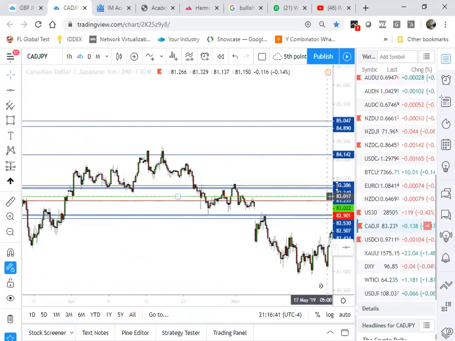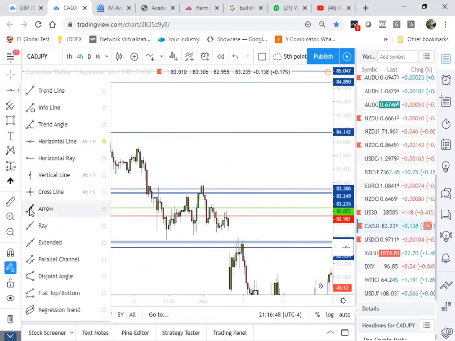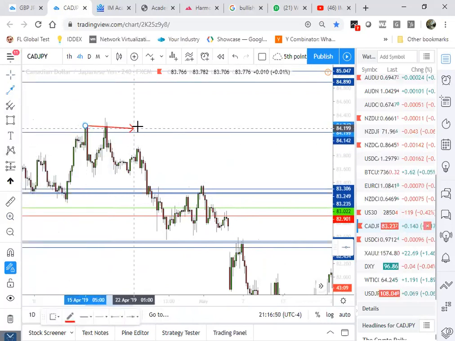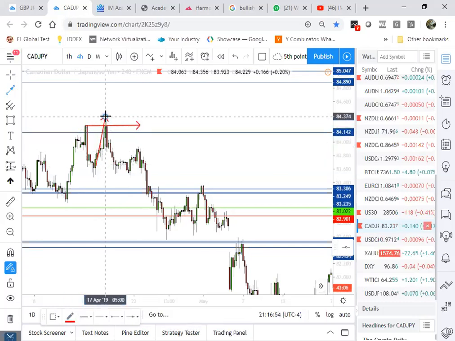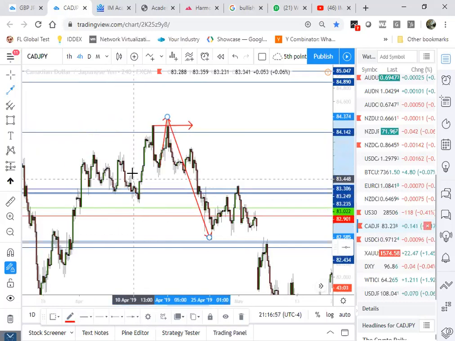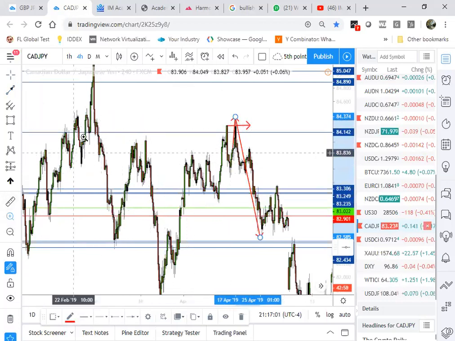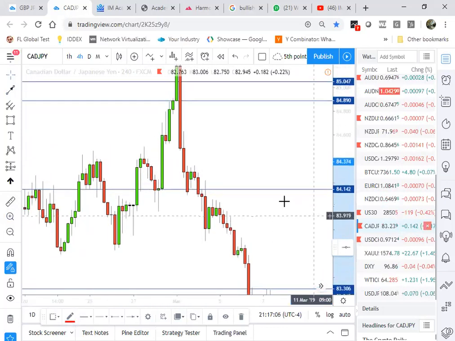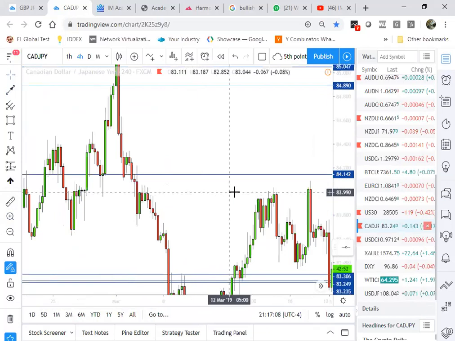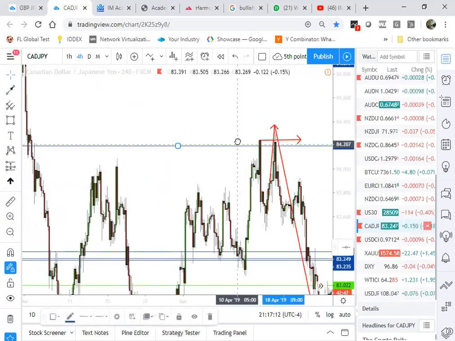We can also probably identify imbalance. Well, what we saw here was there was equal highs and price went above and then dropped, right? We saw that there. So there was some form of mitigation taking place here, right?